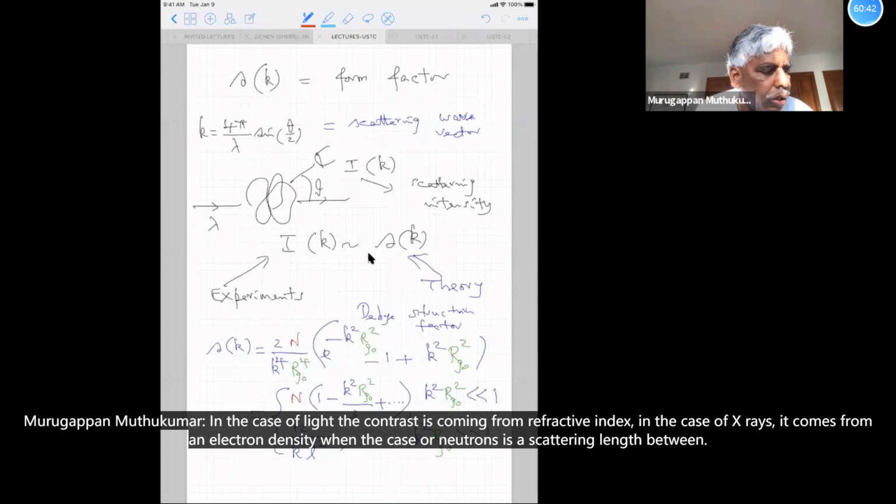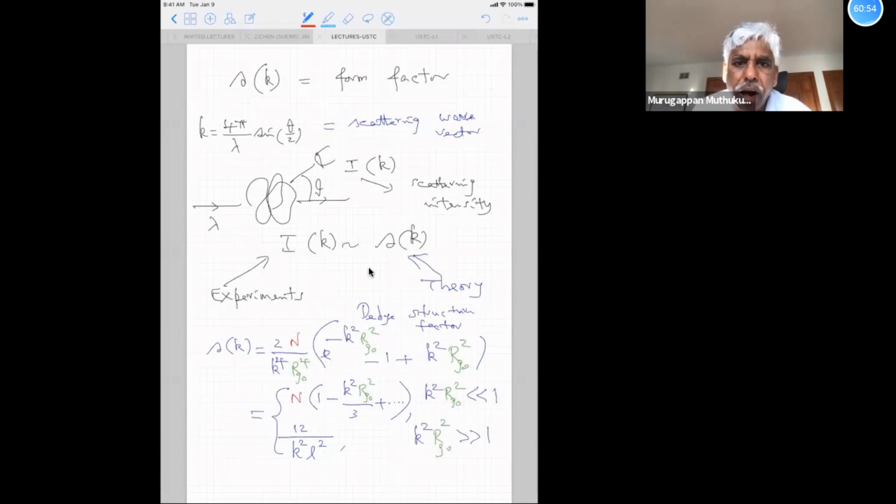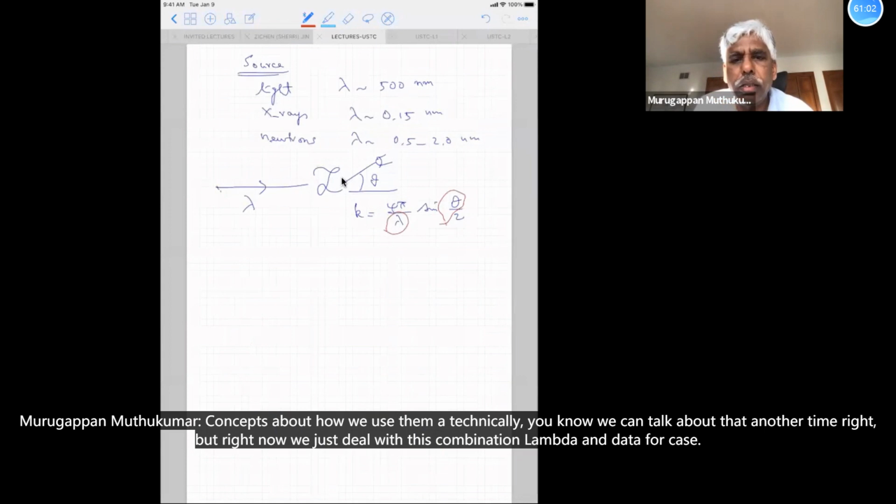In the case of neutrons, it's the scattering length between hydrogen and deuterium, for example. There are different scattering lengths. I don't want to get out of our introductory concepts about how we use them. Technically, we can talk about it another time. But right now, we just deal with this combination of lambda and theta for K.